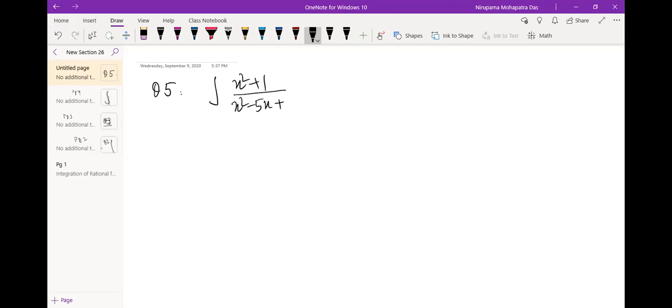In this question you can see the degree of the numerator is equal to the degree of the denominator. That means it comes under improper rational function.